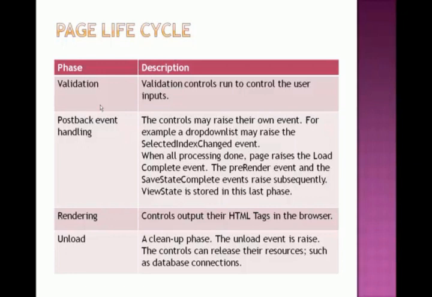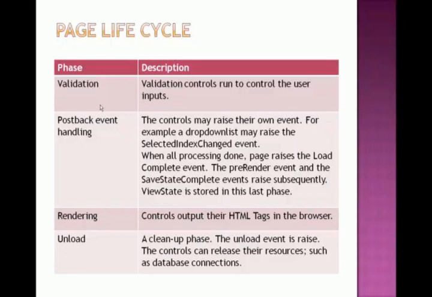When all this event processing is done, a load complete event will be raised, and during this phase a pre-render event also is raised to signal that the page is about to render to the browser. Shortly after this event, save state complete event is raised that indicates that the page is done storing all the information from the server controls within the view state.